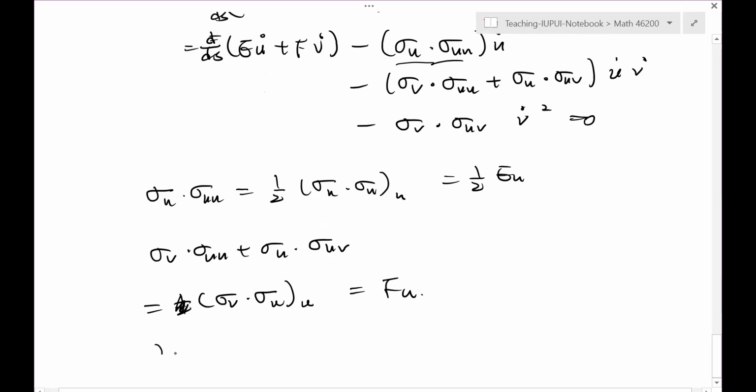The last one, sigma v dot sigma uv, is half of sigma v dot sigma v differentiated in u, so that's half of G sub u. So basically E, F, G again.